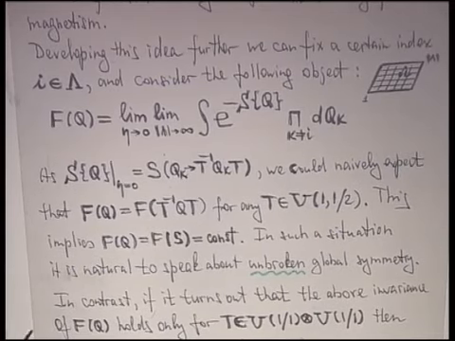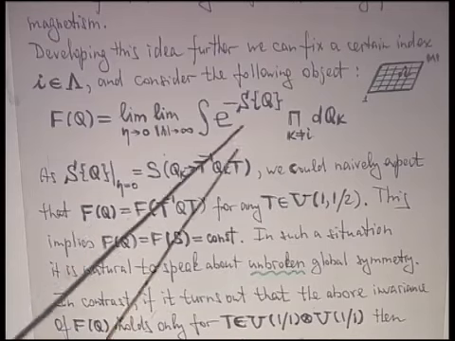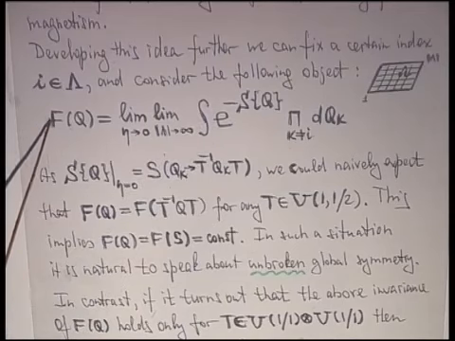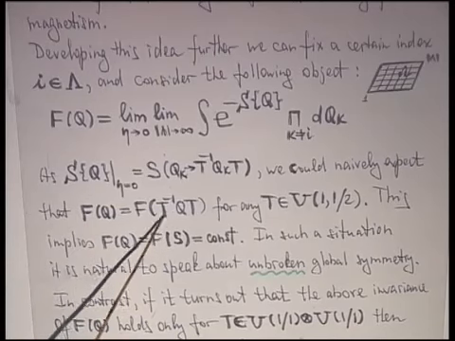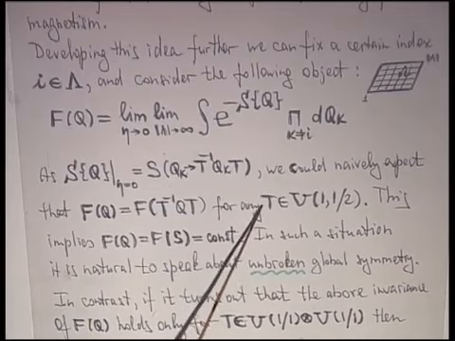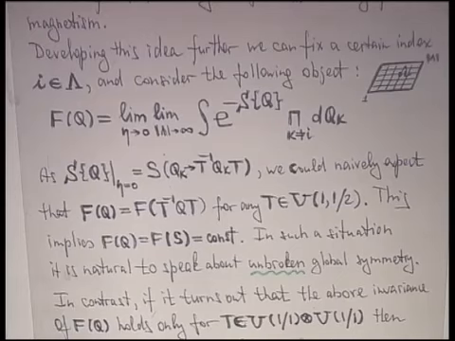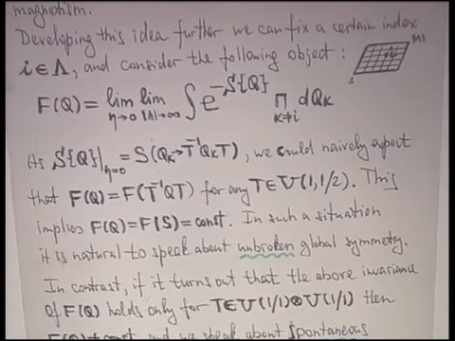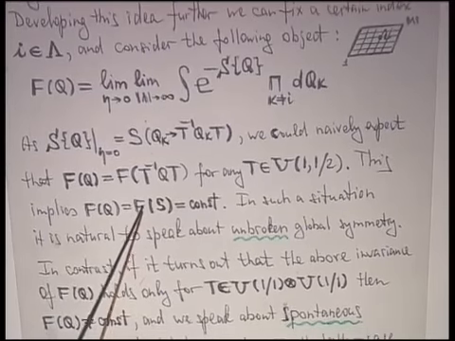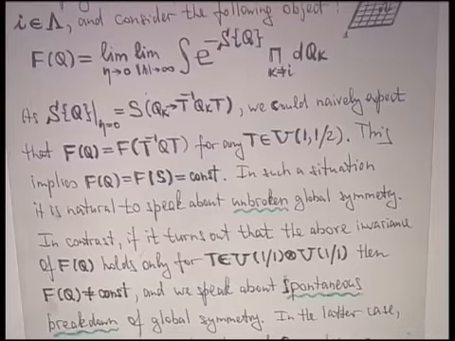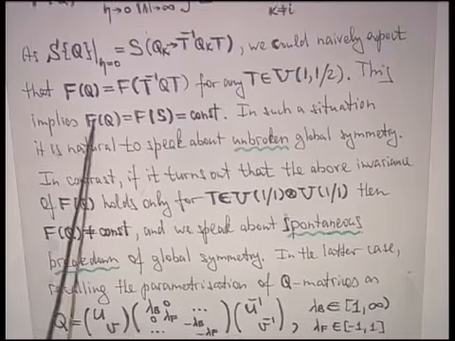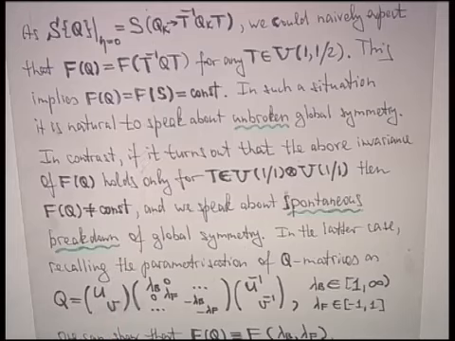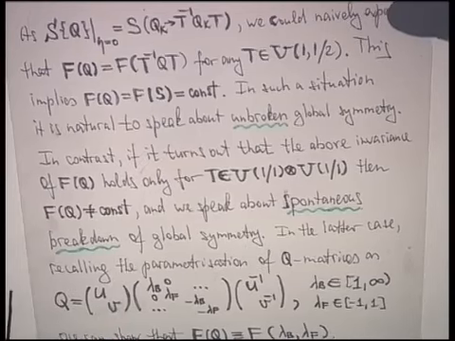And then naively we could expect that the same invariance just carries over to the function f as a function of Q. So the function is just invariant with respect to this conjugation for any t in our group. But this trivially implies that our function is just a constant, because Q itself is obtained from S by rotation by t. So if it's invariant with respect to all such rotations, f of Q is f of S, which is just a constant. One can even show that this constant is equal to 1, in fact.